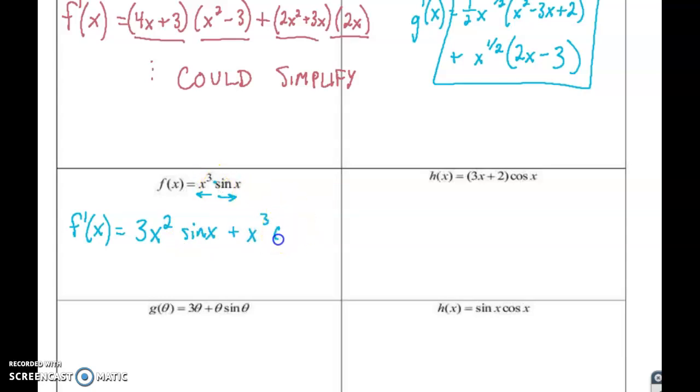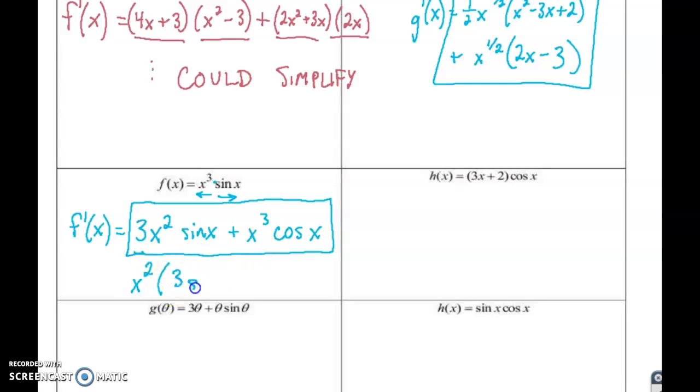The derivative of sine is cosine of x. And this is good enough. Again, as you go off to college and maybe take a similar class to this, your teacher might ask you to factor out an x squared. So you're looking at 3 sine of x plus x cosine of x. There's really no benefit of doing it in my class, though.